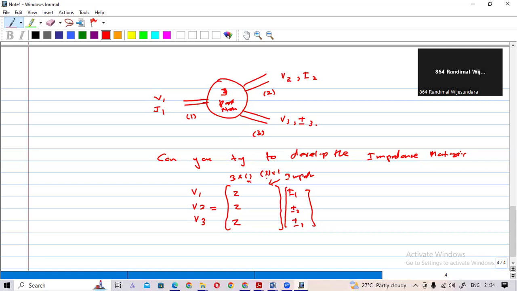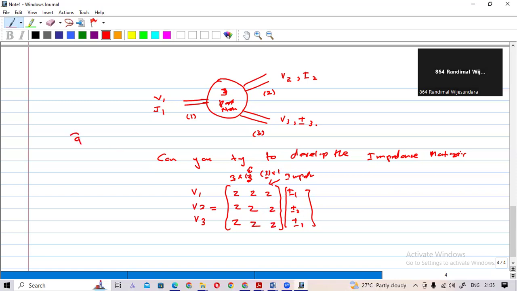Okay. So if you need to do the matrix multiplication, what should this number of columns be? That should be equal to the number of rows of this matrix. Okay. So that is 3. So this should also be 3. So this should be a 3 by 3 matrix.